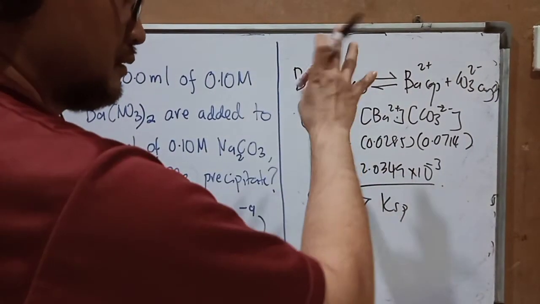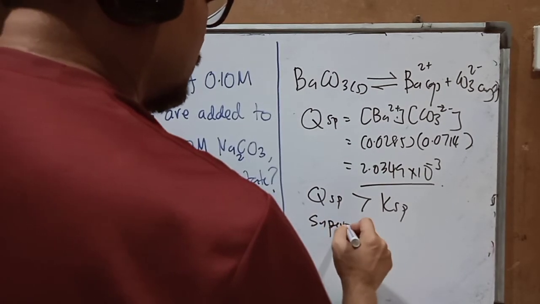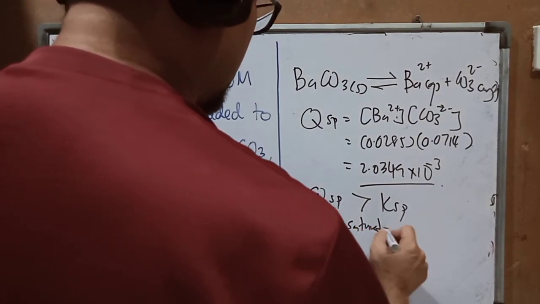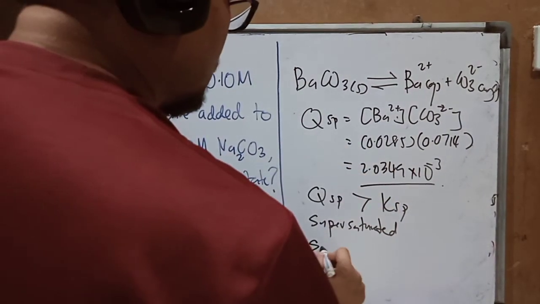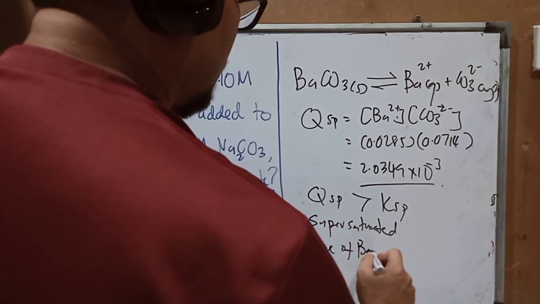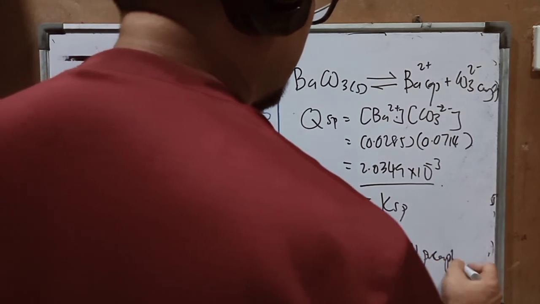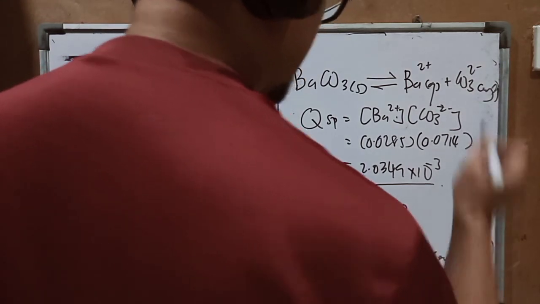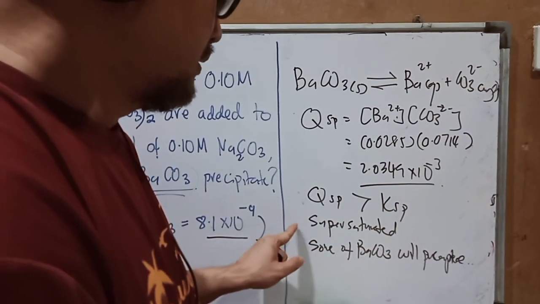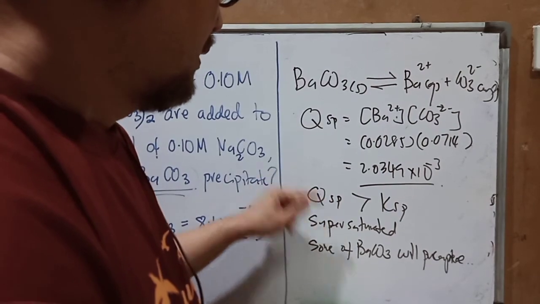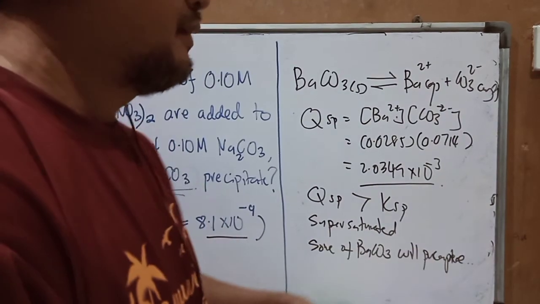That means the solution now is supersaturated, so some of the barium carbonate will precipitate. Okay, this is the answer, because Qsp is greater than Ksp and the solution is supersaturated, and some of the barium carbonate will precipitate.